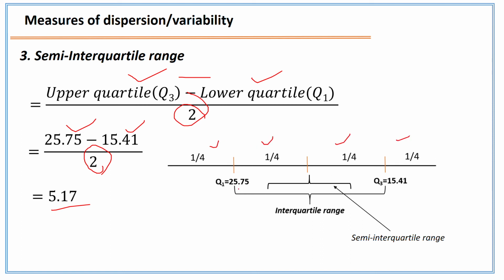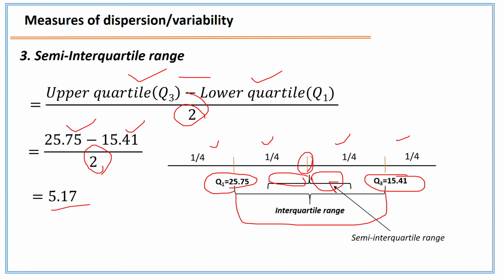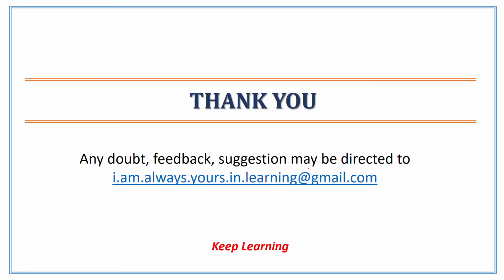This is Q1, this is Q3, this is the interquartile range, and this is the semi-interquartile range. When I divide it by 2, it again goes into the half, and now we are seeing 25% of the data on the left side of the median and 25% on the right side of the median, and here it will be the median, the measure of central tendency. So this is what semi-interquartile range is.